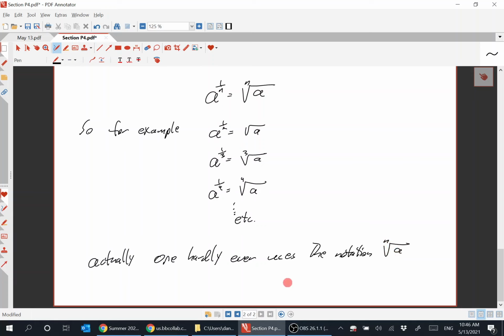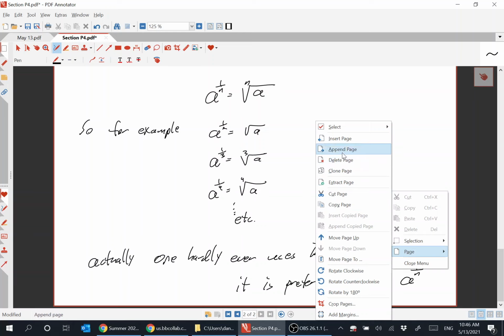It is preferable to write a to the 1 over n, except in the case where n is equal to 2.